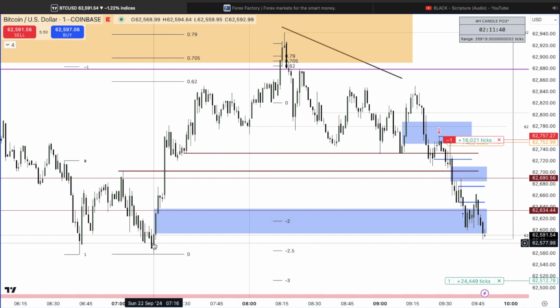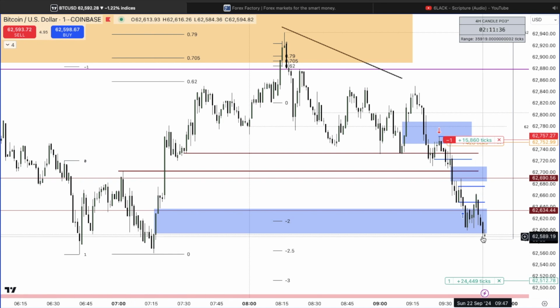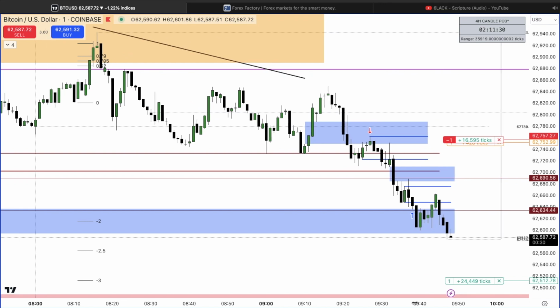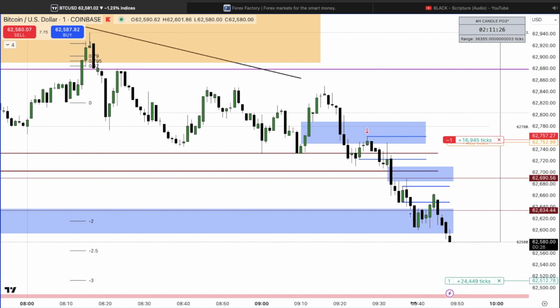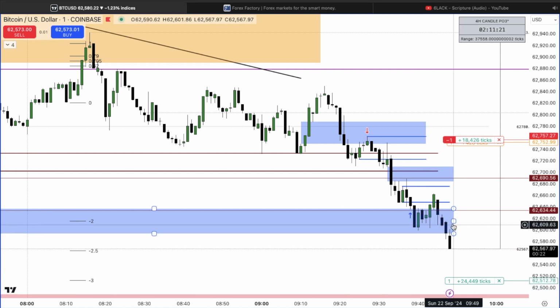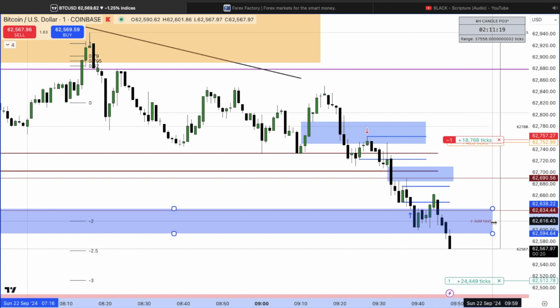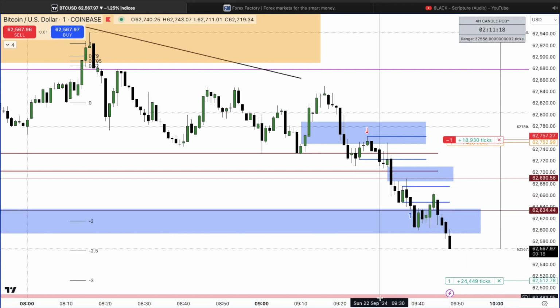Let's see. The high here is 594.64, but our close, we closed right above it by like 20 points. But we got an immediate rebalance followed by a gap down. So let's go ahead and drag that out a bit now.